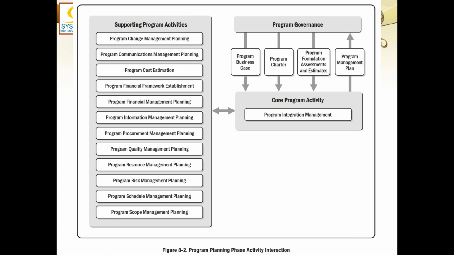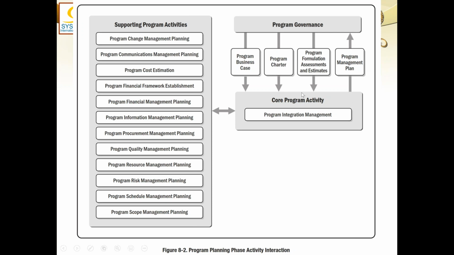They also have all the assessments and estimates which we created in formulation. So all these three things, business case, the program charter, and the program formulation assessment for all the 10 domains, are being sent from program governance to the integration core program activity. And now the job of the core program activity is to create a comprehensive program management plan.